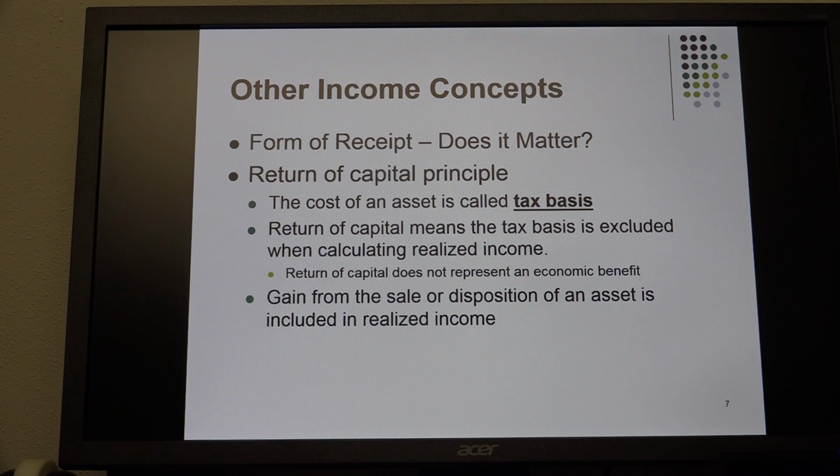And so when you sell property that has a basis in it, in other words, you invested a certain amount in this property prior to the sale, you get to recoup the cost of capital before realizing and possibly recognizing any taxable income.